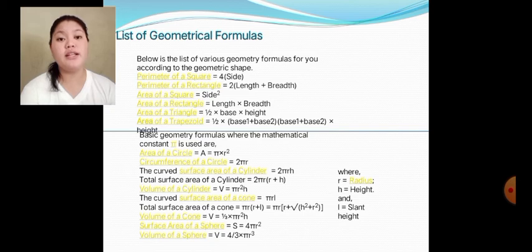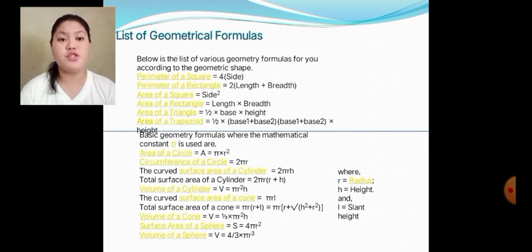Here is the list of geometrical formulas. Below is the list of various geometric formulas according to the geometric shape. The perimeter of a square is 4 times the side. The perimeter of a rectangle is 2 times the length plus breadth. The area of a square is side squared. The area of a rectangle is length times breadth, or length times width.